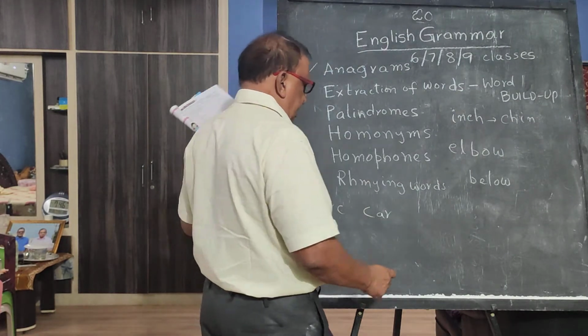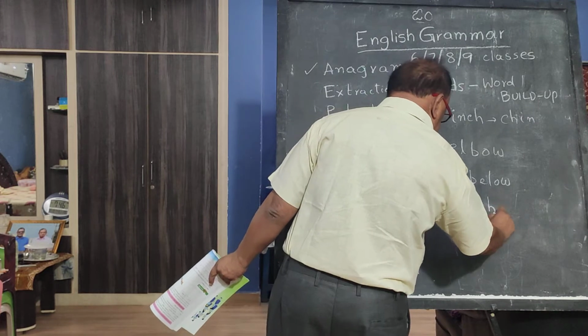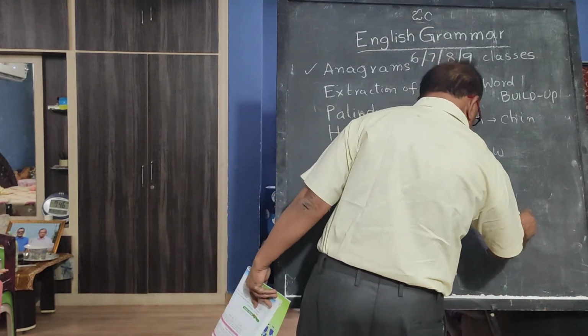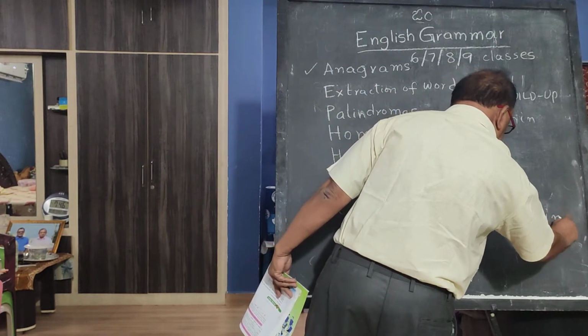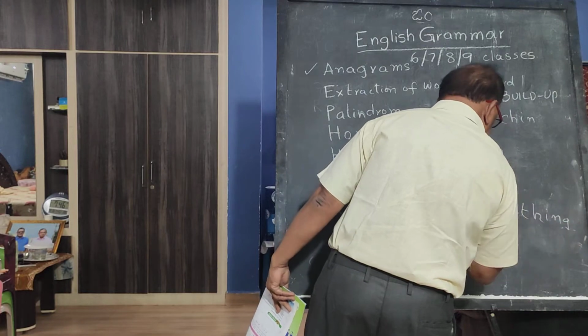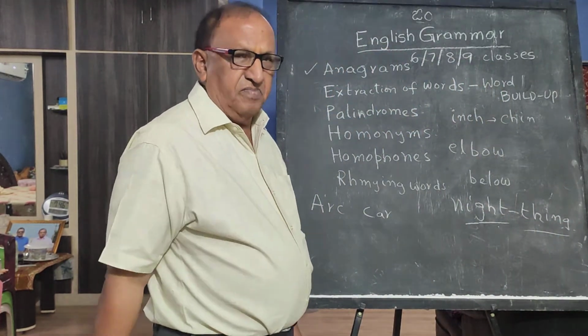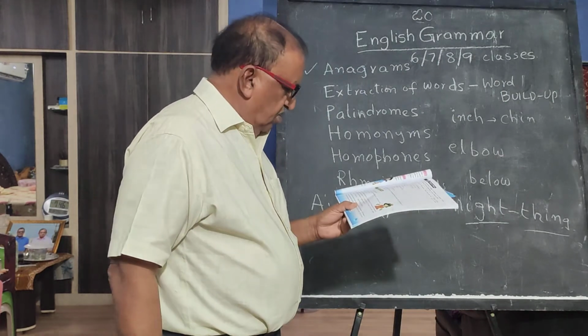Similarly, you have here night, N-I-G-H-T. So if you do this, then if you say T-H-I-N-G, this is night, this is thing. You can see how a new word is formed which is completely different from the first word.